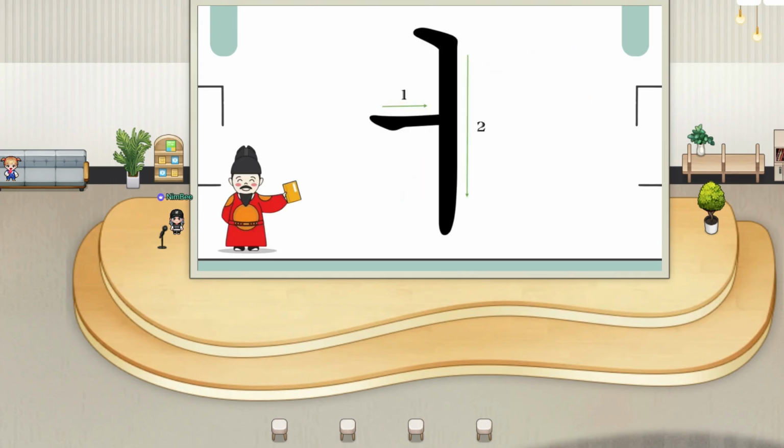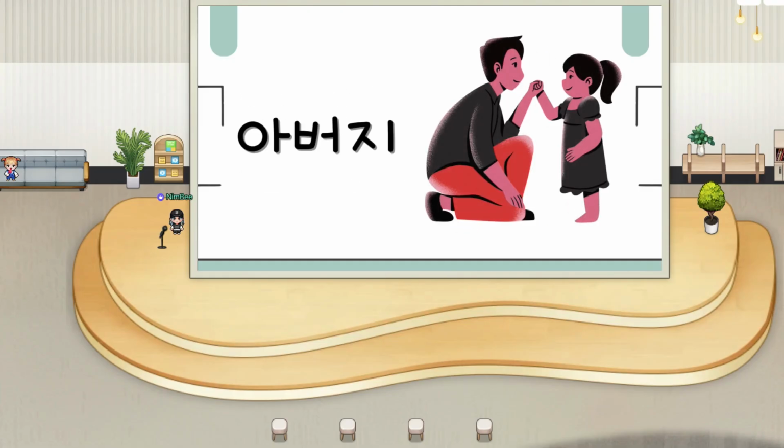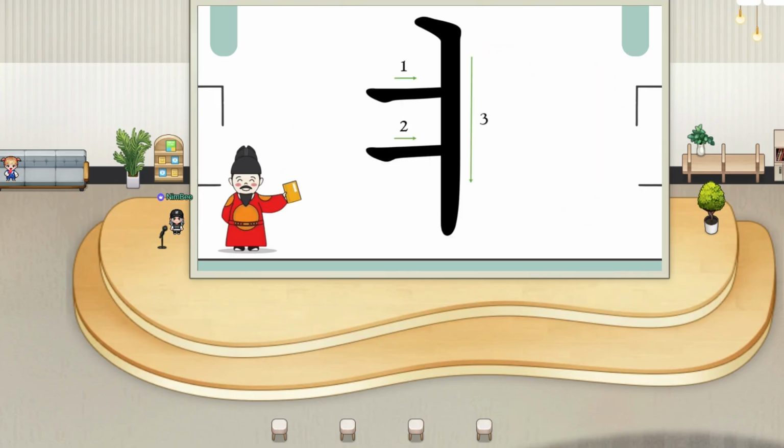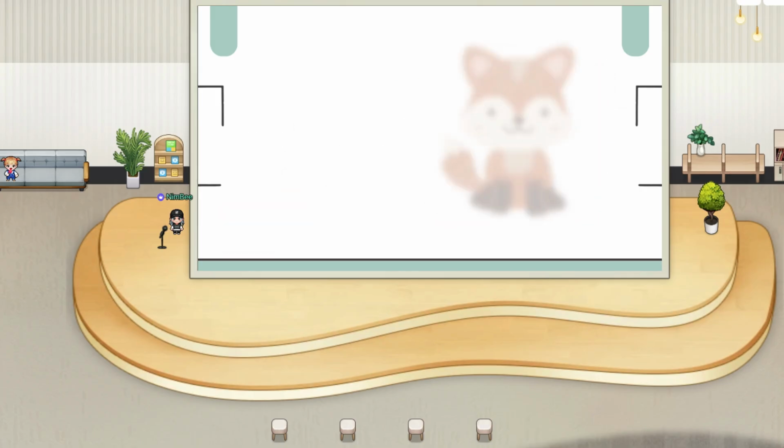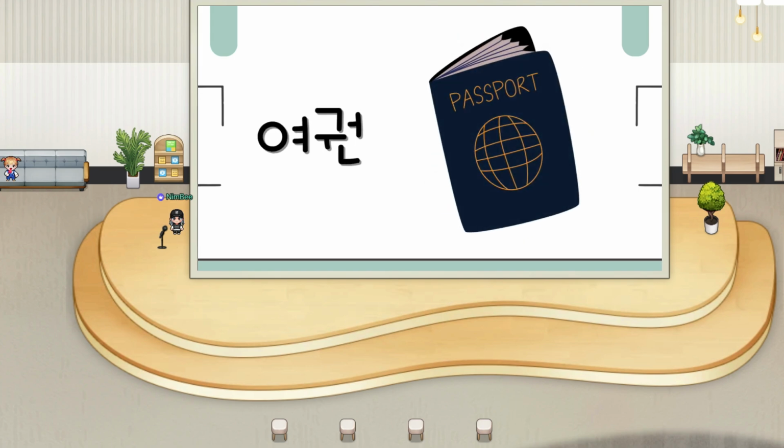Next is eo, like 어머니, or 아버지, mother and father. The next is yeo, like 여우, fox, and 여권, passport.